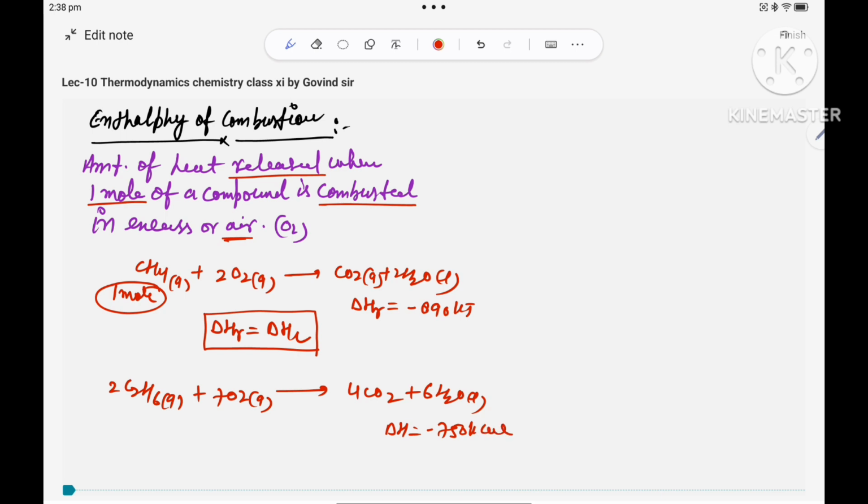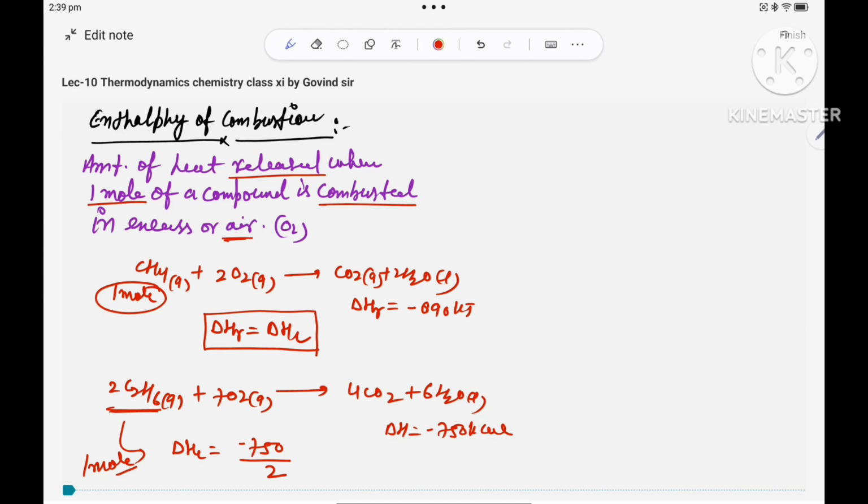So children, here 2 moles are burned. So what is the enthalpy of combustion? Half. Enthalpy of combustion 750 by 2, because enthalpy of combustion is for 1 mole. That's it about the enthalpy of combustion.